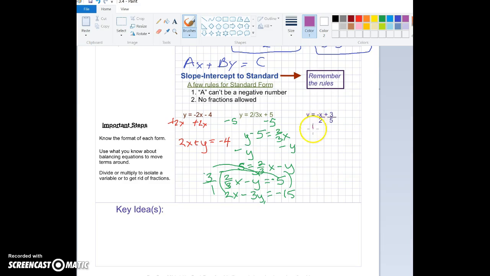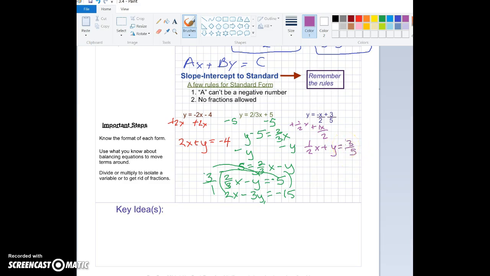So I'm going to add negative x halves, or it's really 1/2 x, right, to both sides. So now I have 1/2 x plus y equals 3/5.